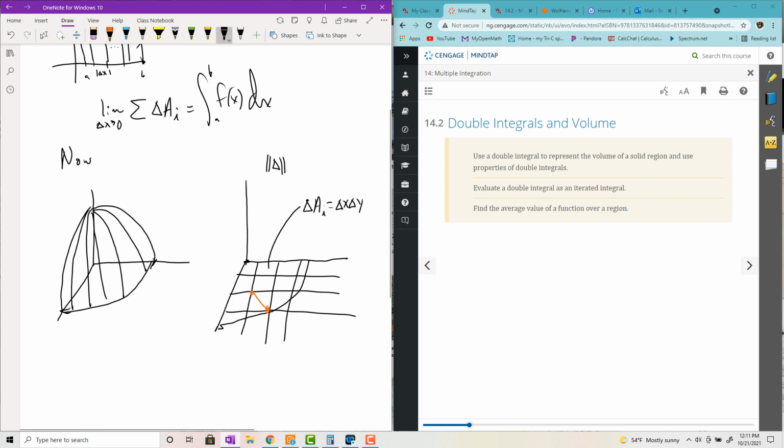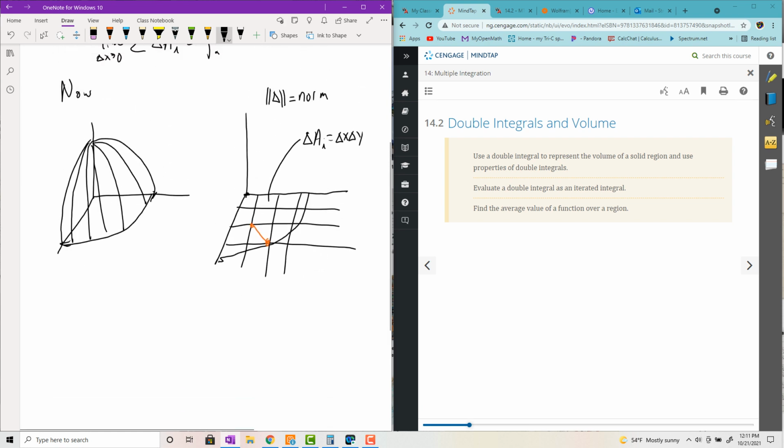What we'll end up doing is letting that diagonal go to 0 in order to get better and better approximations and ultimately find the actual volume. This delta with the absolute values on steroids around it, we're calling the norm, and that represents the longest diagonal amongst all of the rectangles.